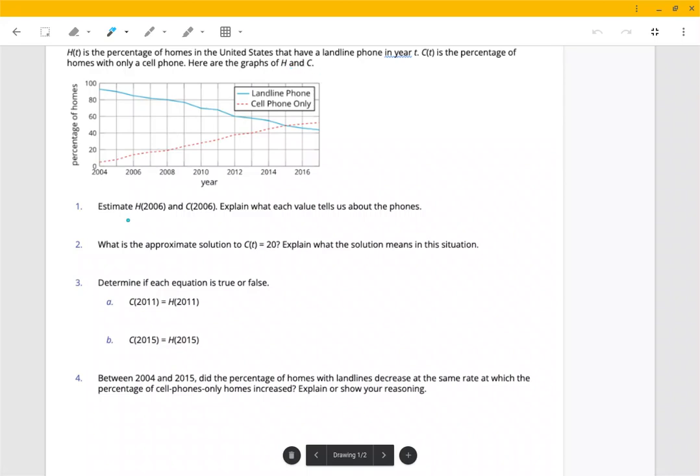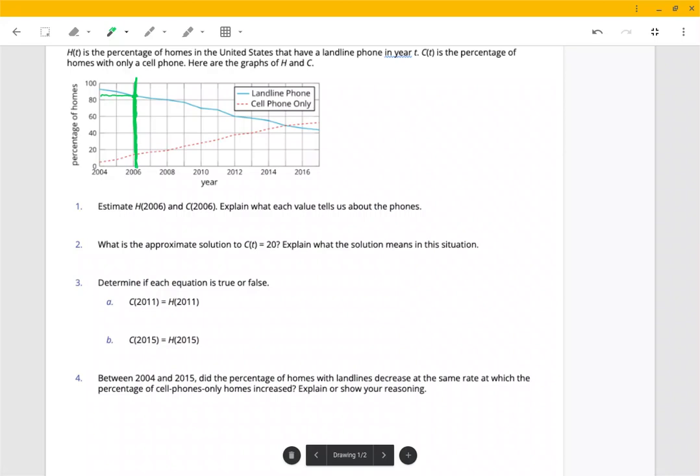Okay, so estimate H of 2006 and C of 2006. So 2006, okay, 2006 is going to be here. Okay, so we can see in 2006, it looks like between 80 and 100. I will say maybe 85% of homes had a landline.